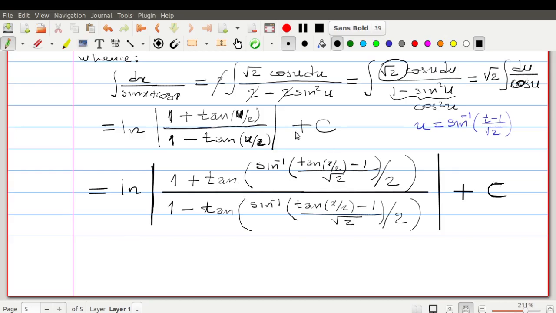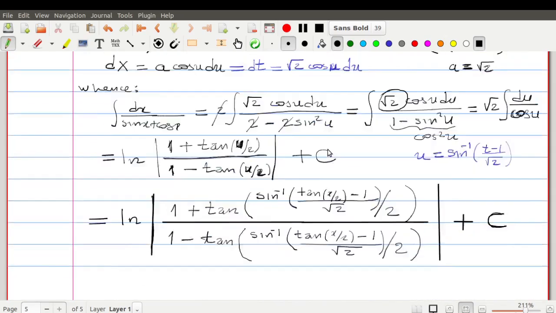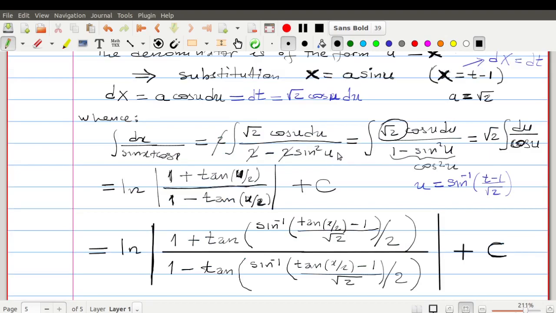Step by step, please, I encourage you to go through step by step and make sure that you understand what is going on here. So I'm going to stop here because it has been long.